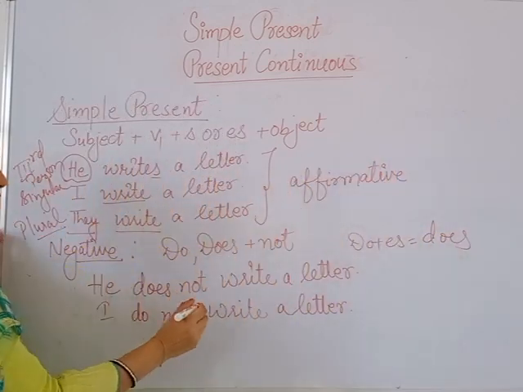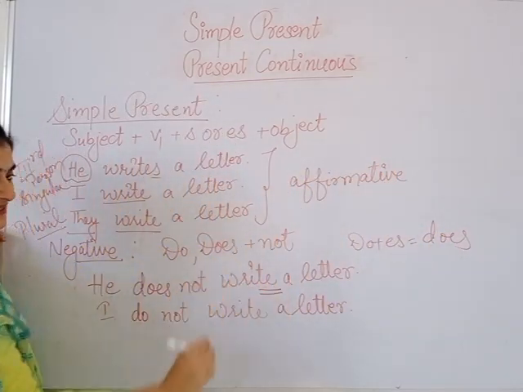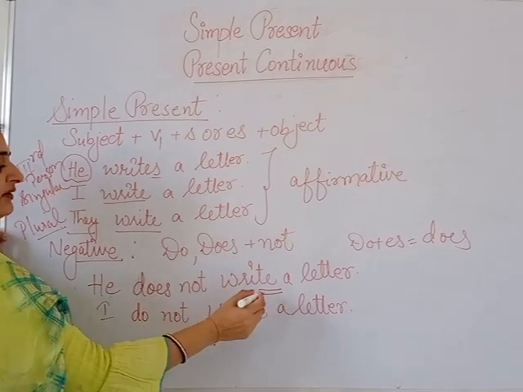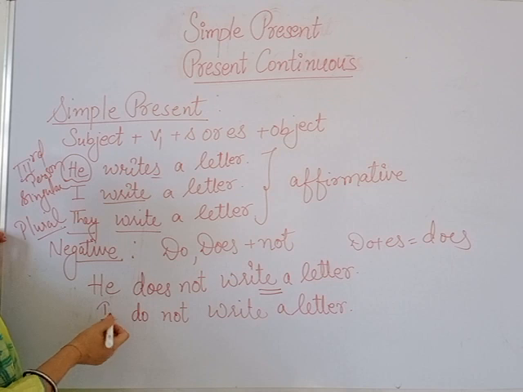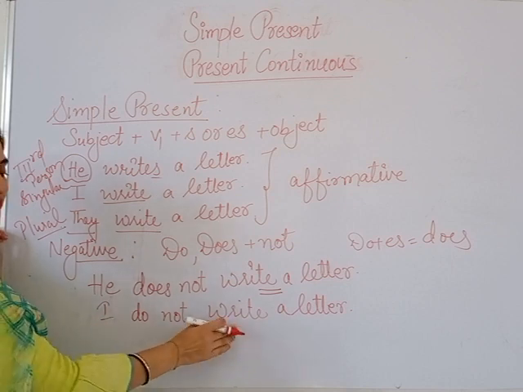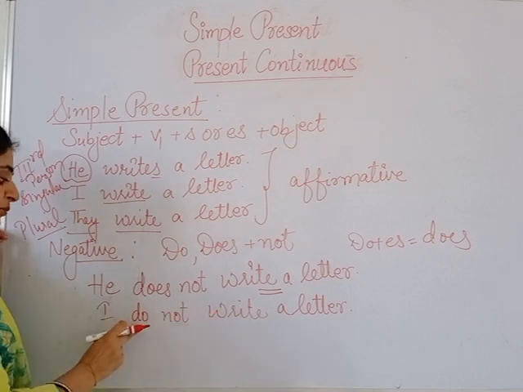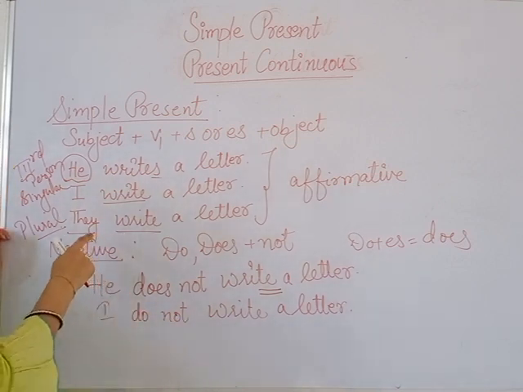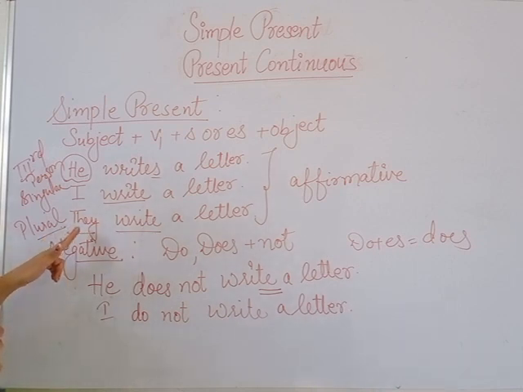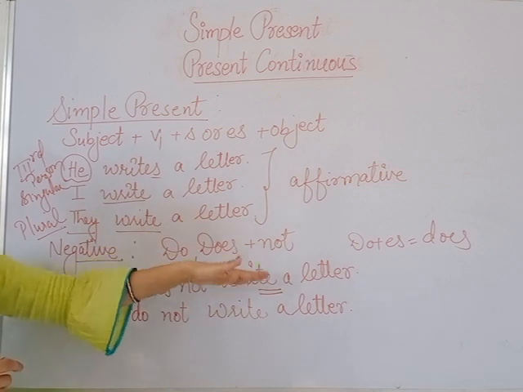So no need to again add s here. That's why I simply brought here write. And as we know that with I, it is a first person and we use the simple first form of the verb. That's why I put here do not to make it into negative one. Okay. So same with the plural. If the subject is plural, we will just add do not. They do not write the letter.